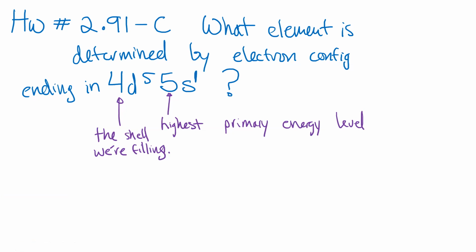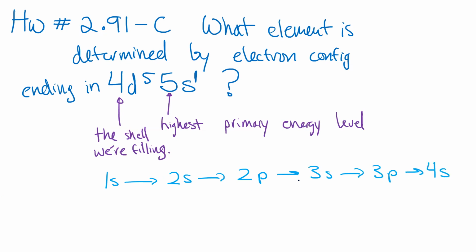the long story short, the way the shells fill, even if we were going to ignore the periodic table, they fill 1s to 2s, and then to 2p, 3s, 3p, 4s, and then after 4s comes 3d. I think, yeah, 4s, 3d, 4p, 5s, 4d.